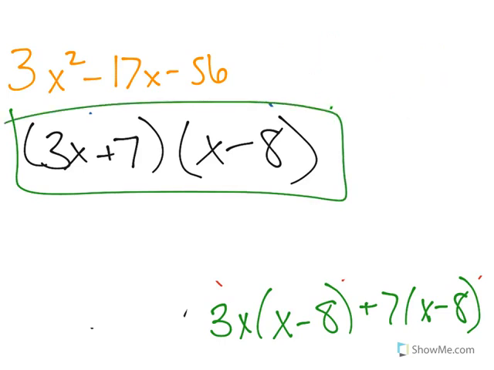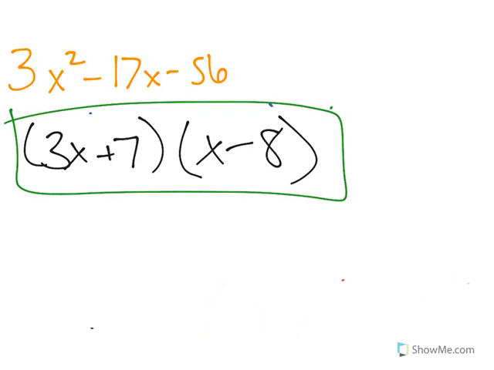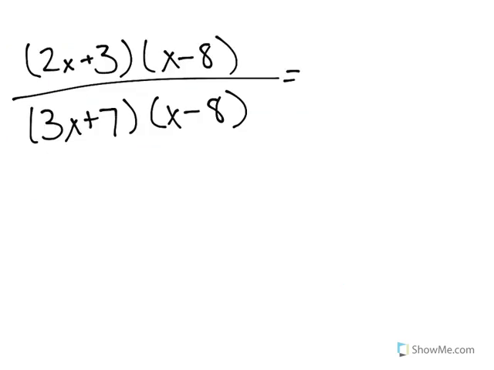Very well, now we have factored our numerator and denominator, and we are ready to simplify the rational expression. So we found that our numerator was 2x plus 3 times x minus 8, and our denominator was 3x plus 7 times x minus 8.